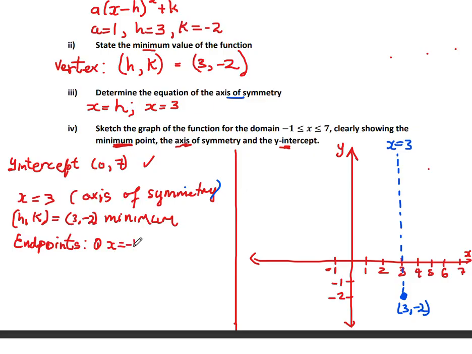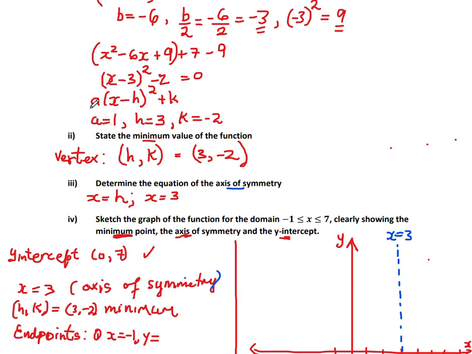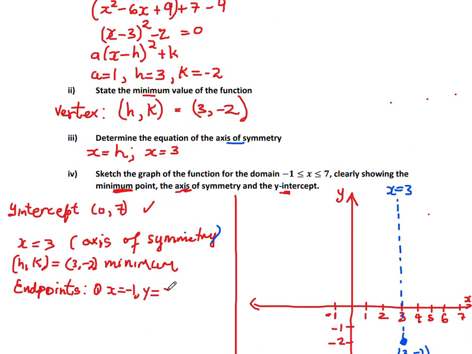When x is equal to -1, y is going to be equal to, and we're just going to use the quadratic equation in vertex form here, y equals x minus 3 all squared minus 2, which is the quadratic equation in vertex form.